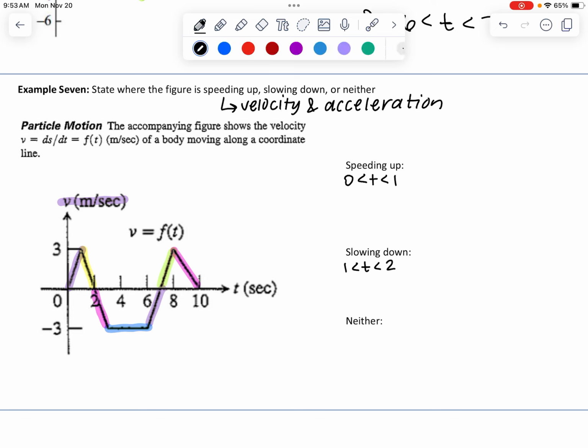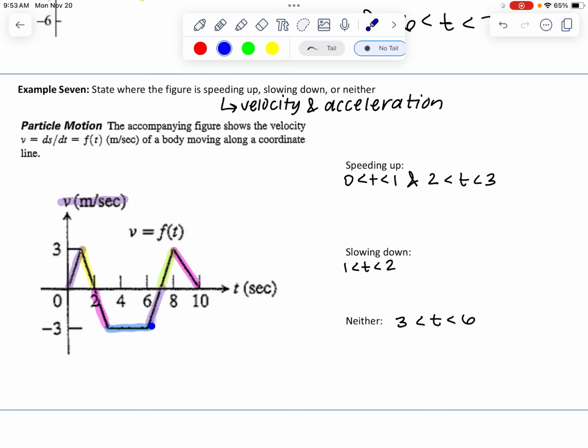That's going to be speeding up because the signs match now, they're both negative. So from 2 to 3, it's going to be speeding up. This section right here is easy. The velocity is negative, but acceleration is 0 because the slope of that line is 0. So from 3 to 6, my function is neither speeding up nor slowing down.